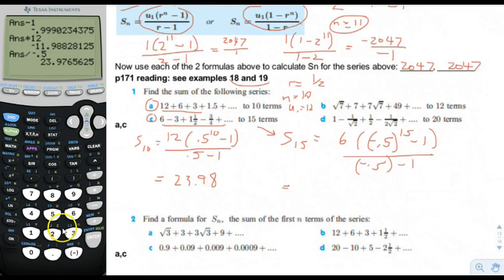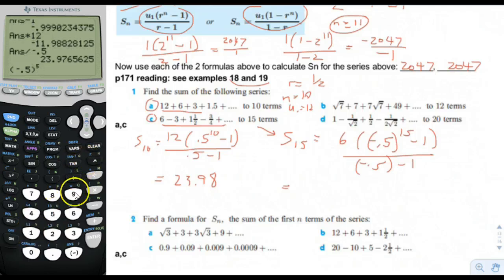So that would be equal to negative 0.5 to the 15th minus 1. Oops. Minus 1.